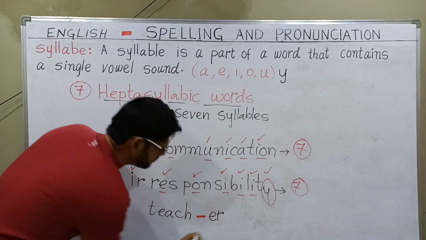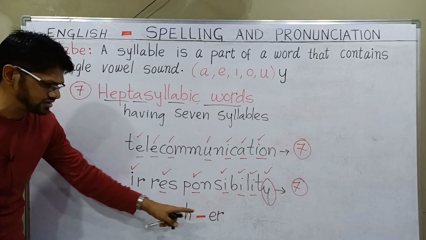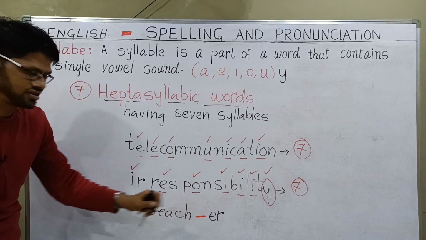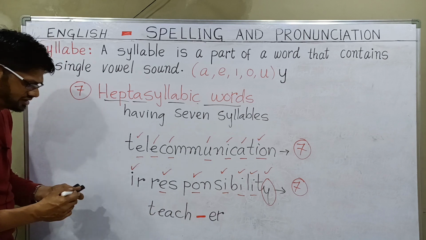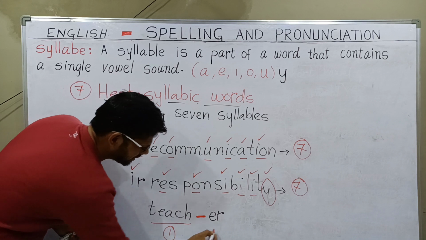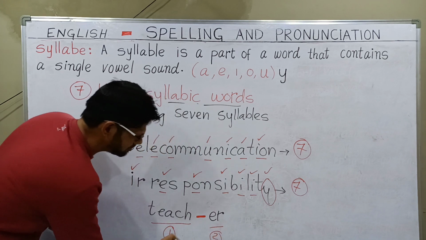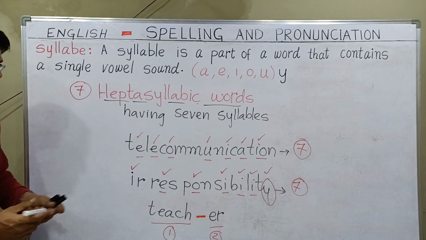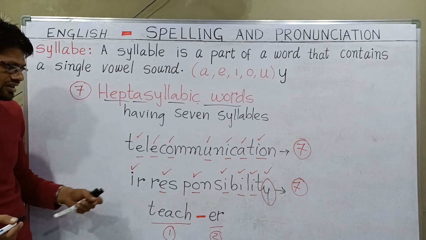So we can split the word teacher. Teacher has 2 beats. This is one beat, and this is another. So 1 syllable and 2 syllable. Teacher, doctor.